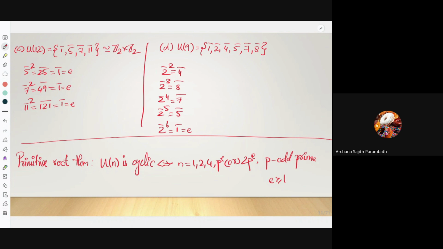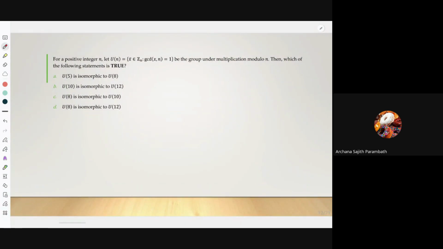So the next question is also related to U of n. So let's go for it. So U of n is again defined here. Then which of the following statements is true? U of 5 is isomorphic to U of 8, 10 and 12, 8 and 10, 8 and 12. So we can use the primitive root theorem here to get what we want.